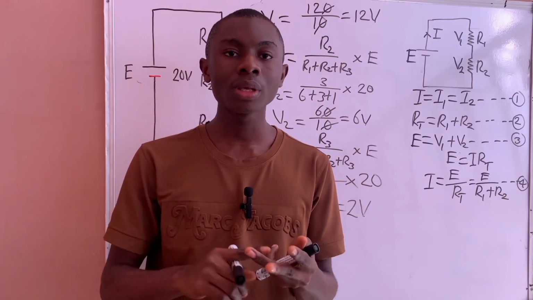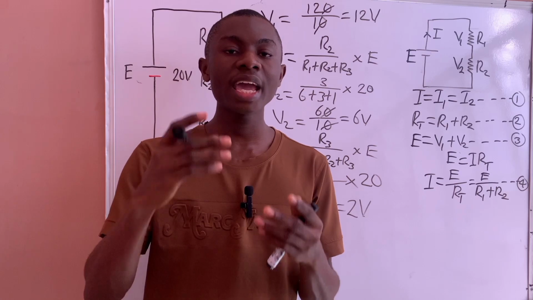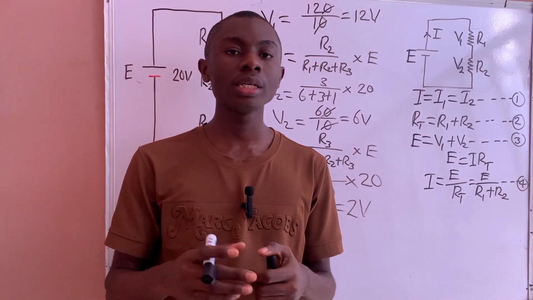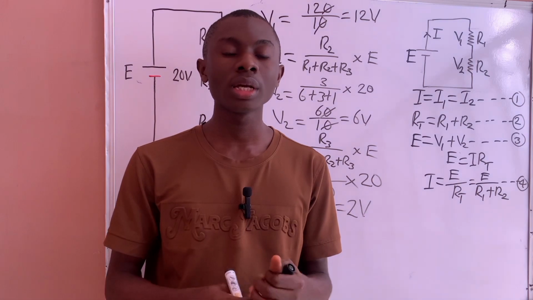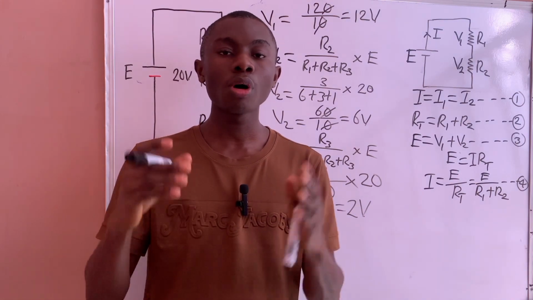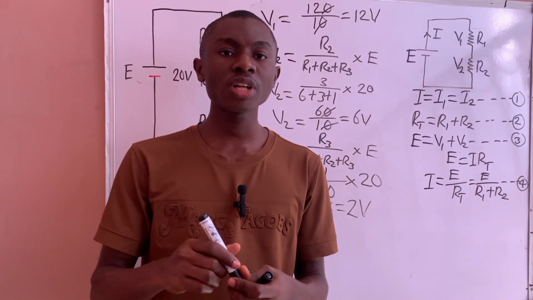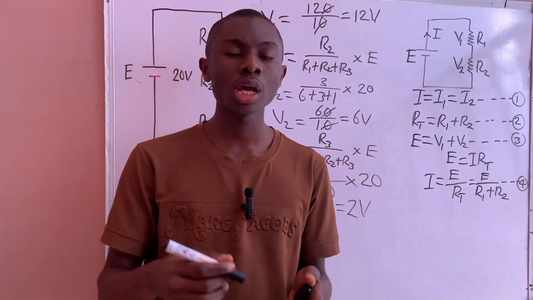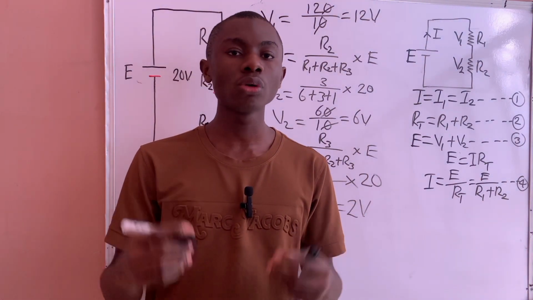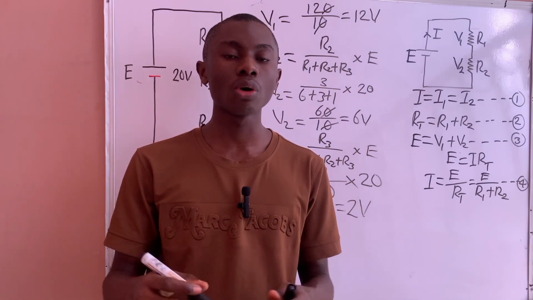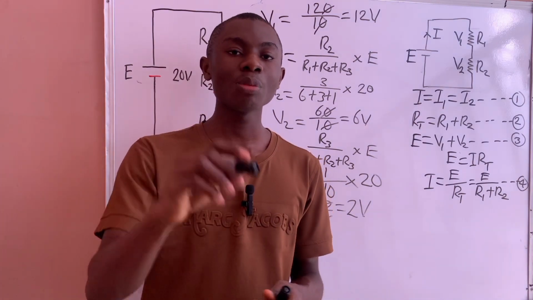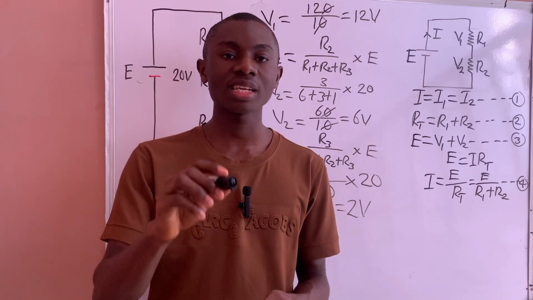It saves time and it is very helpful if you apply it during exam period. But Ohm's law is time consuming. It will consume your time. You first have to find the current before you can find the voltage that will drop across the individual resistor. So drop in the comment section which method is the fastest for you.